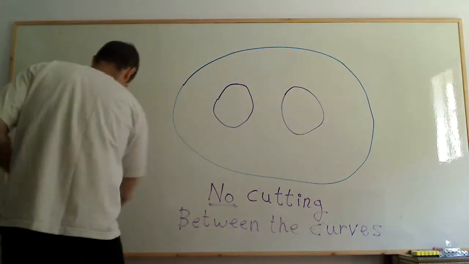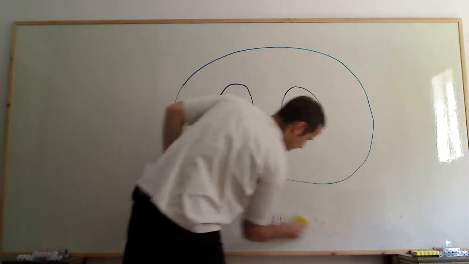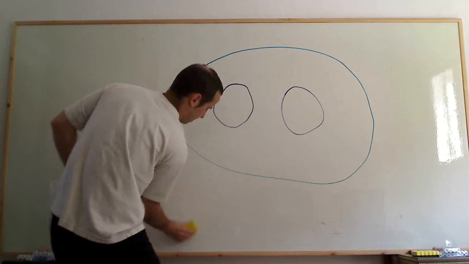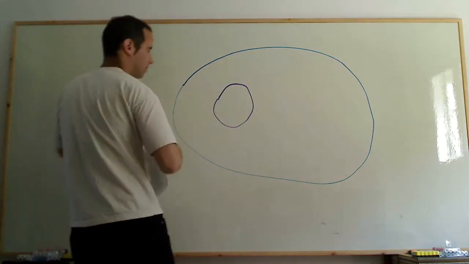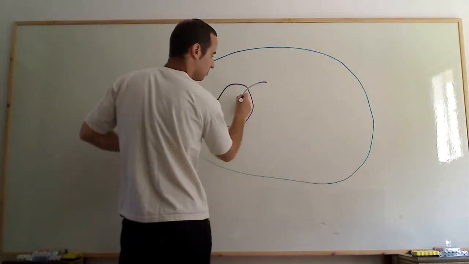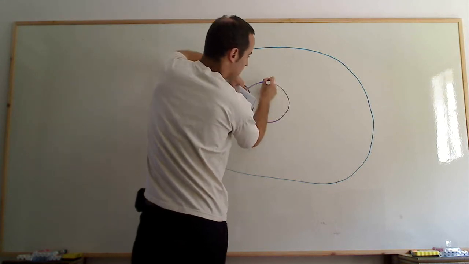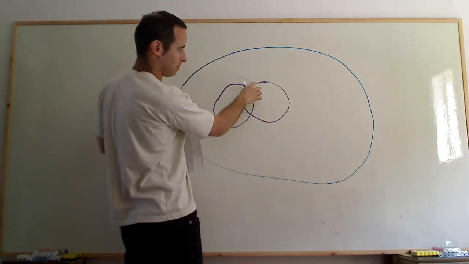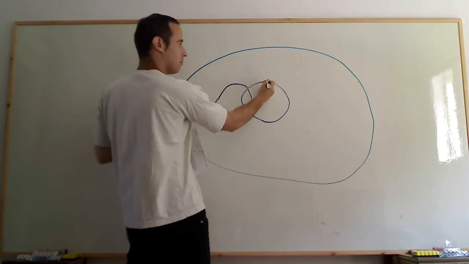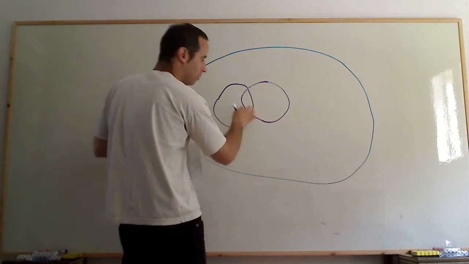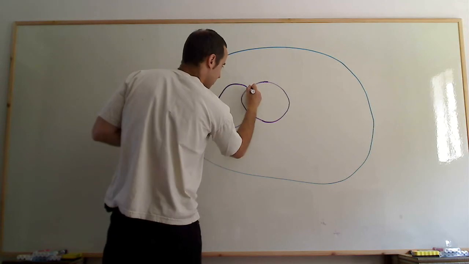And another option, if they do cut, then if one cuts the other one and it went in, it has to get out to be a closed curve, to close again, to meet this. If we came from here and we went inside, and we want to come back and close here, we need to go outside, so we meet here and here.